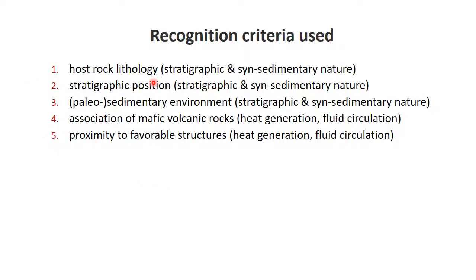So in that sense, we have to think about the host rock lithology, the stratigraphic position of particular important layering of particular important rocks, the particular sedimentary environment, and of course, because we're dealing with magnesium iron systems associated with mafic volcanic rocks, the proximity to favorable structures as they have been observed.